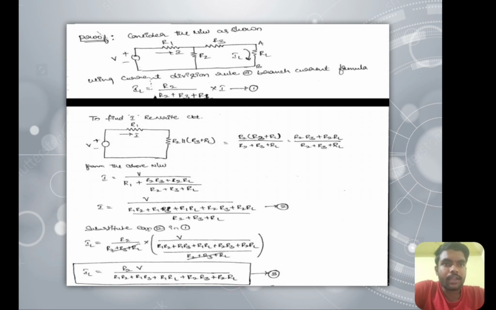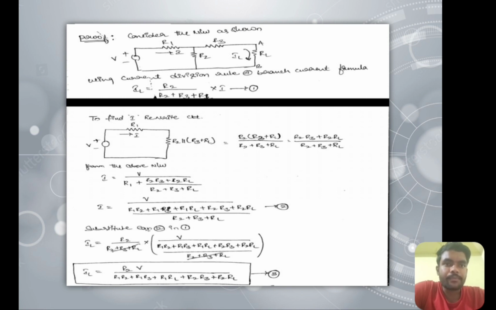We don't know I. To find I, rewrite the circuit with one resistance and another resistance in parallel with R3 plus RL and one voltage source. That is equal to R2 into R3 plus RL divided by R2 plus R3 plus RL, that is R2 R3 plus R2 RL divided by R2 plus R3 plus RL.